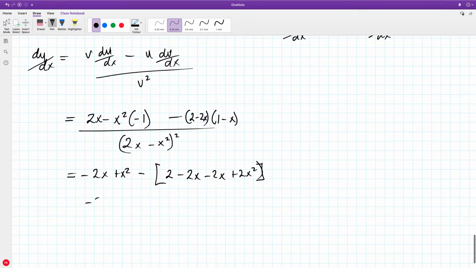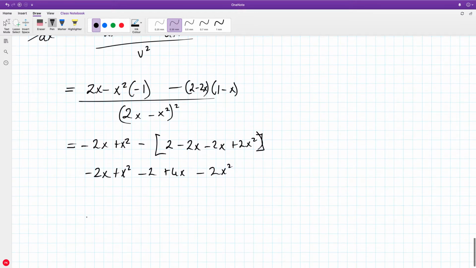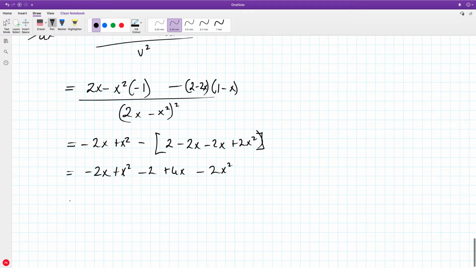That is minus 2x plus x squared. Minus by 2 is minus 2. Minus 2x minus 2x is minus 4x, by minus is plus 4x minus 2x squared, which is equal to minus 2x squared plus x squared is minus 1x squared. 4x minus 2x is 2x minus 2.